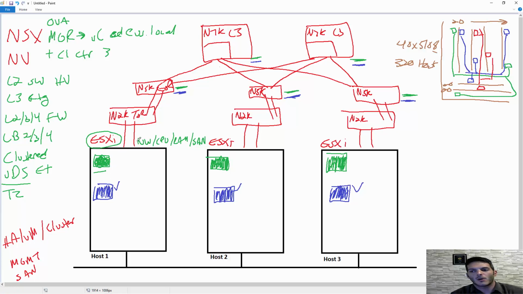All that's great. Now, the benefit to NSX, where to my knowledge no other vendor can do this, is that originally ESXi, VMware, is virtualizing the physical infrastructure underneath of the hypervisor. So all of these resources right here are virtualized.